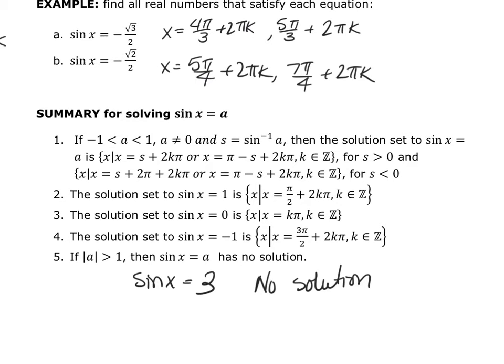Because it's not in the range. And if you try to put that in your calculator, do the sine inverse of 3, and it's going to say, I don't like you very well. Outside the domain, syntax error, whatever it does. That's the calculator way of saying, I don't like you very well.